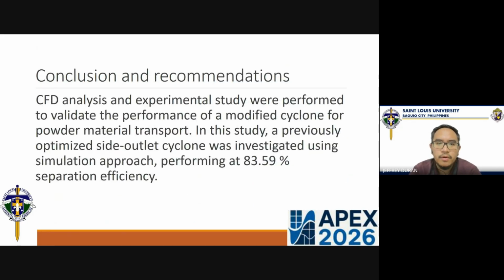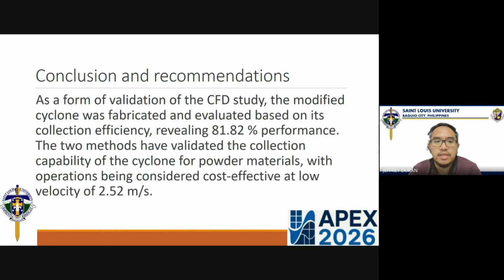Now, to conclude our study, the CFD analysis and experimental study were performed to validate the performance of a modified cyclone for powder material transport. In this study, a previously optimized side outlet cyclone was investigated using a simulation approach, performing at 83.59%.